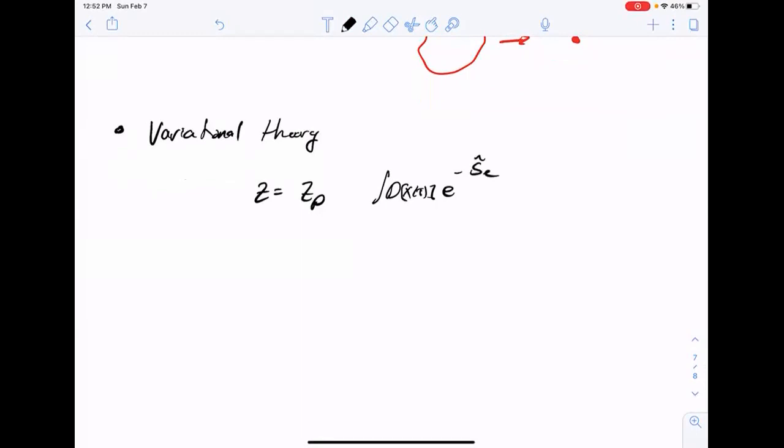That's the exact calculation of the partition function we would like to do, but the nonlinearity in the effective action makes it difficult. However, I can multiply and divide by 1, introducing some partition function, call it z0, which is an integral over an action s0.